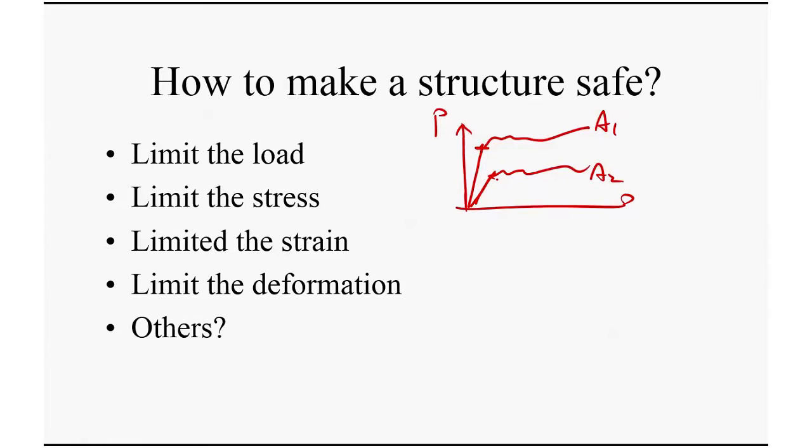You can use the stress. Once you use stress, this actually becomes one curve, right? Stress, strain. Then you have just one curve to describe it. So you can do two ways. For each structure, you make sure their load is within this limit, and you have to check all 10 or 100 different structures.